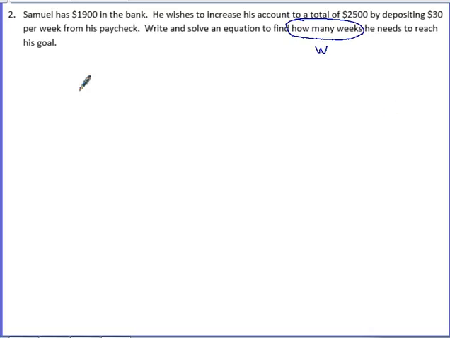Okay, right now he has $1,900, okay, and he's going to deposit $30 every week. So he's going to add $30 every week, and he wants it to be a total of $2,500. All right, so we wrote our equation, and now we need to solve it.